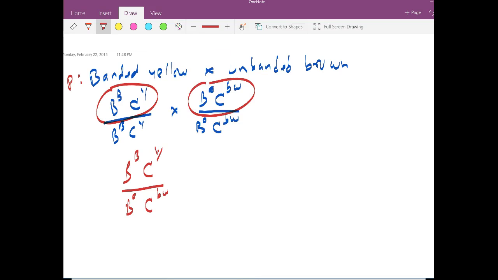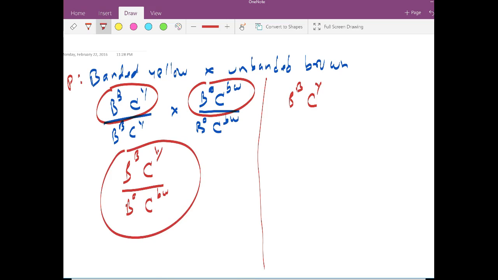So what happens if we get independent assortment? Well, these questions are always asking what is going on in this parent over here. So we have our double heterozygote, or a dihybrid, if you will. So we're actually worried about what's going on with this guy. This is our heterozygote.